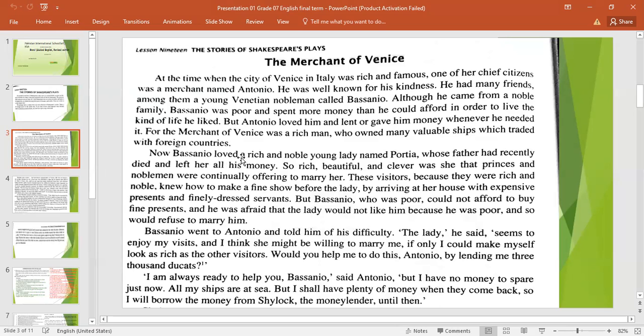Now Bassanio loved a rich and noble young lady named Portia, whose father had recently died and left her all his money. So rich, beautiful, and clever was she that princes and noblemen were continually offering to marry her.